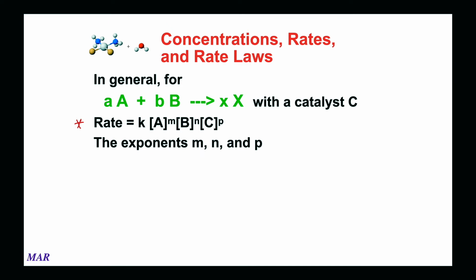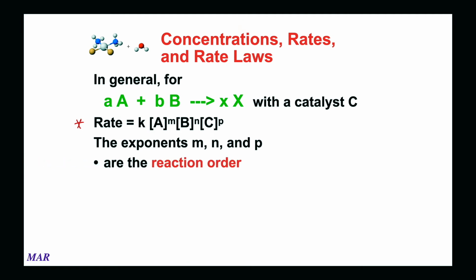Now, in the last example, little m was 1, and big A would be that cisplatinum compound. We didn't have B or C, and that's totally fine, but if we did have B and C, we could put them in. We didn't talk about the Ms, Ns, and Ps in the last problem, but they are important.